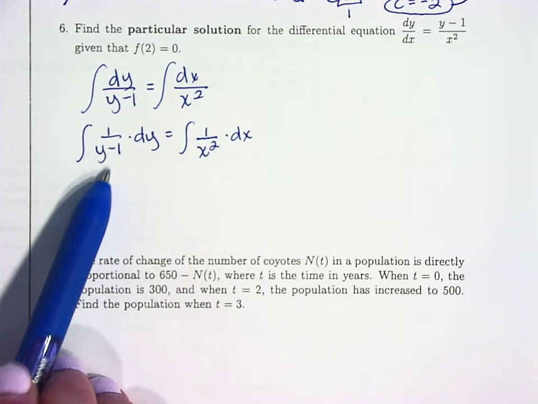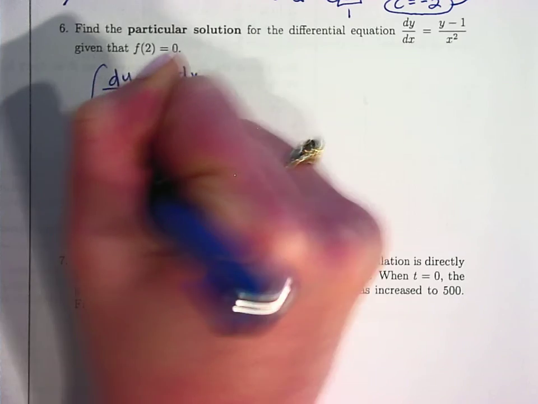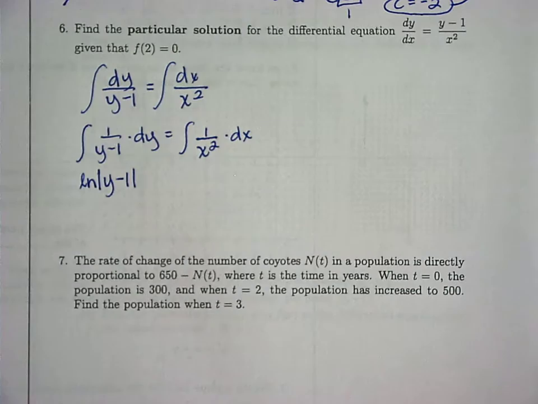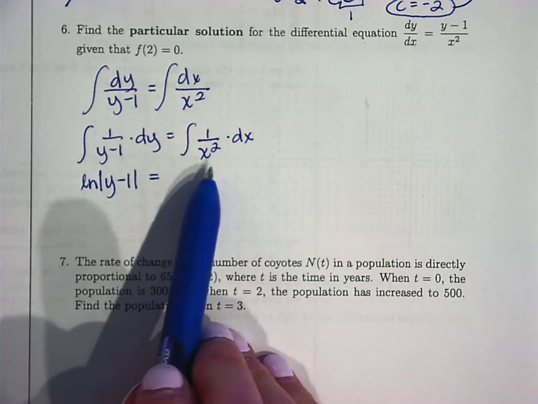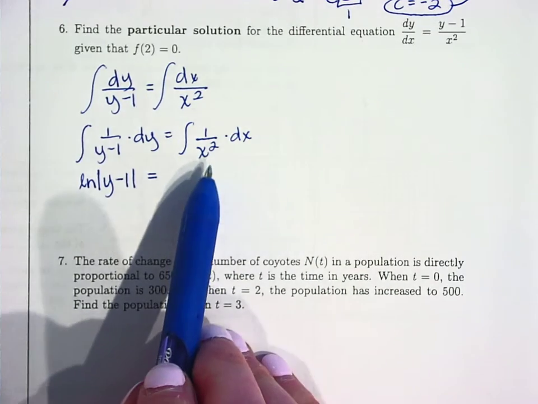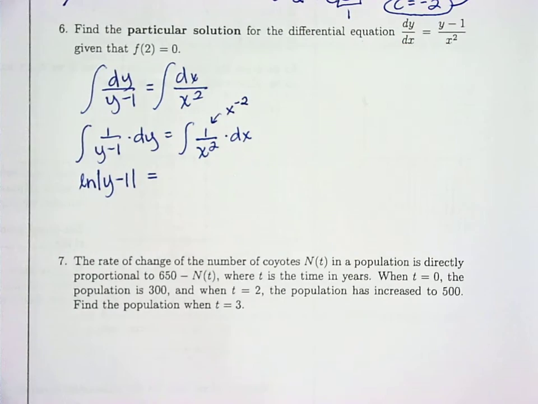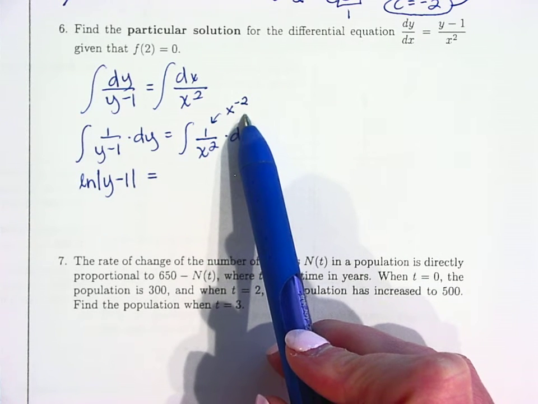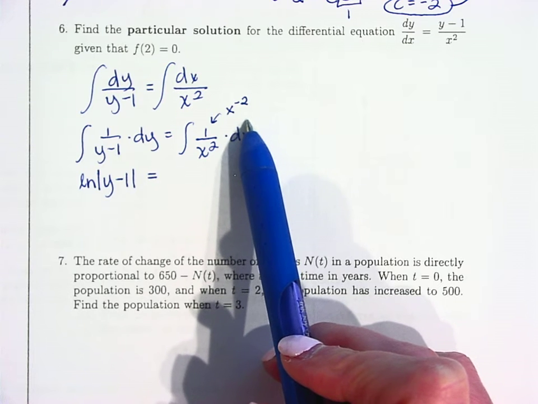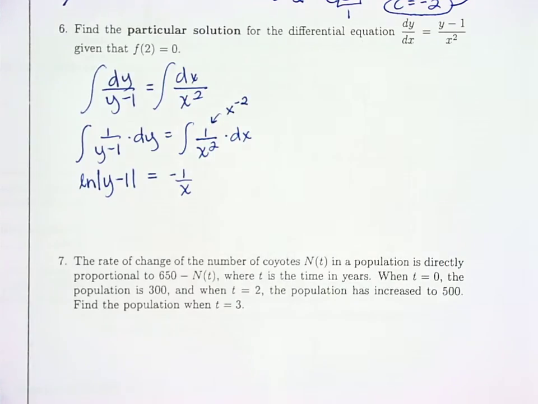The integral of 1 over y minus 1 is ln of the absolute value of y minus 1 plus some c equals, on the right-hand side, we can use reverse power rule because 1 over x squared is the same thing as x to the negative 2. So if we increase our exponent by 1 and divide our current coefficient by our new exponent, we end up getting negative 1 over x plus c.